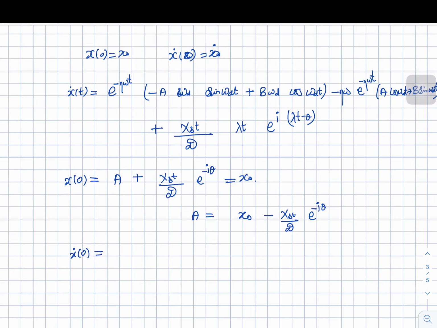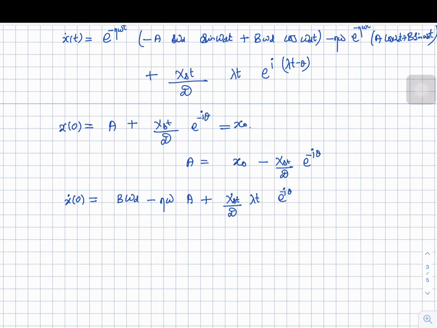So now x dot of 0 equals B omega_d, minus eta omega of A cos omega_d, so that will give A plus x_st divided by D lambda e power i theta.